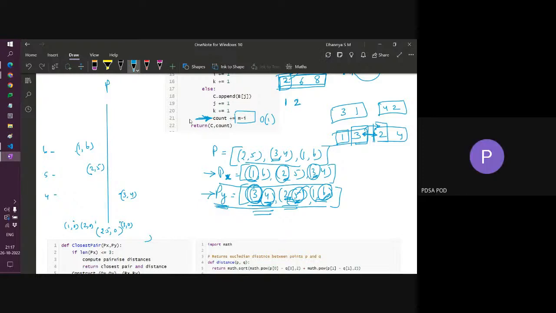Now, I'm going to divide it into Q and R. So I don't have Q and R right now, right? I am showing it pictorially here. Doesn't mean Q and R is created, right? I have to create it using the code. So how do I do that is what I'm saying. So for Q and R, I have identified a point which will divide into equal number of points. See, if I had another, say... You are considering only Px right now, ma'am, na?